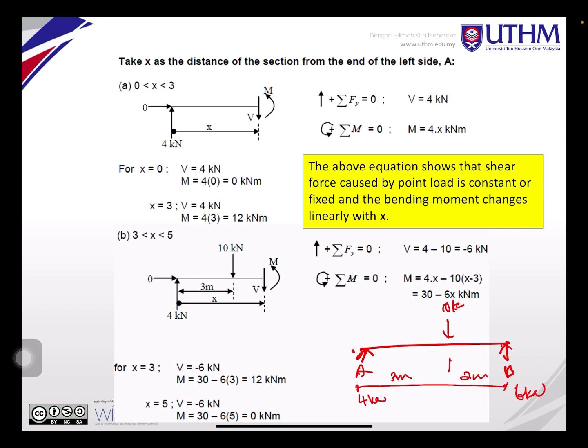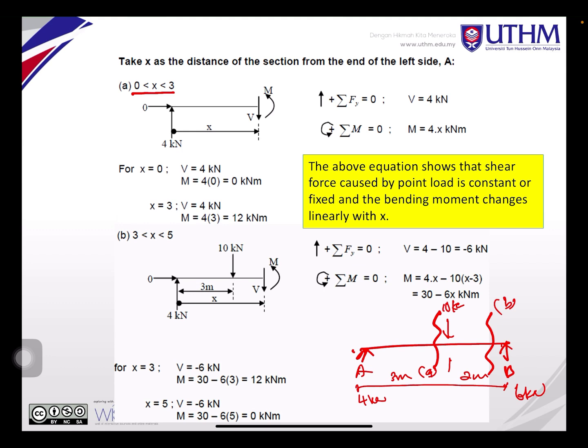When you cut, first you cut before the load is applied. So when you have the 10 kilonewton here, you cut before and you cut after. So this is A, this is B, you cut. So x is between 0 and 3, right before the force.